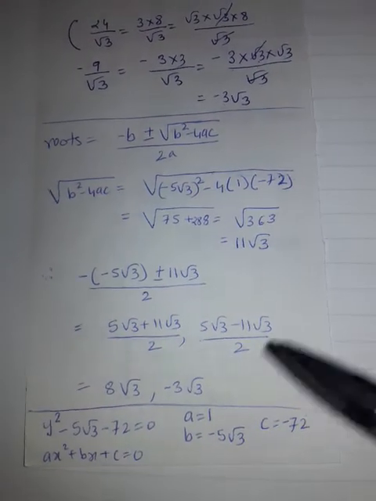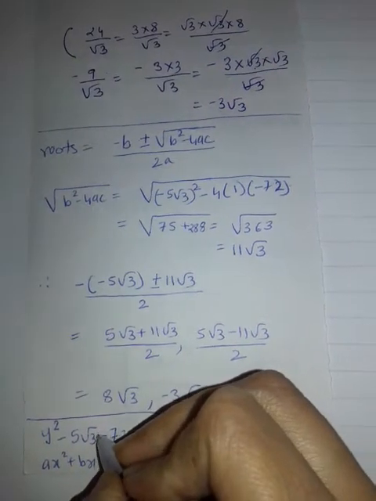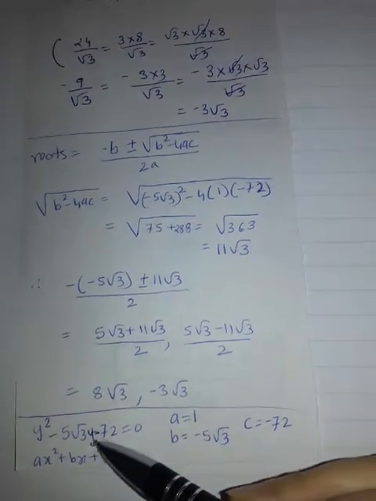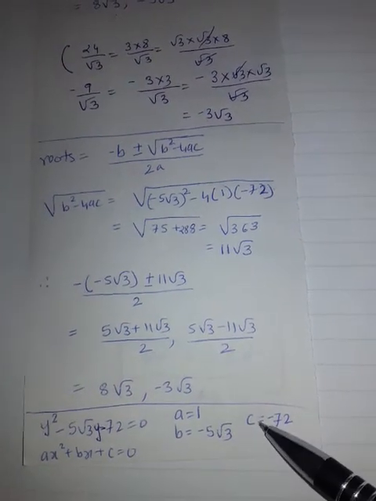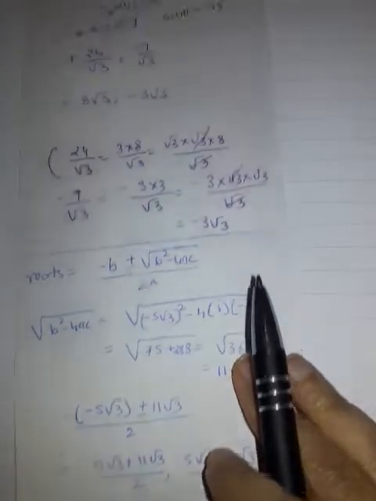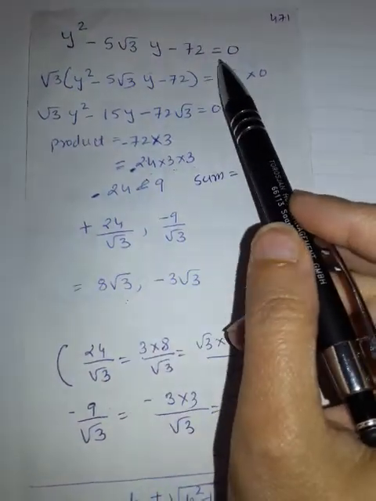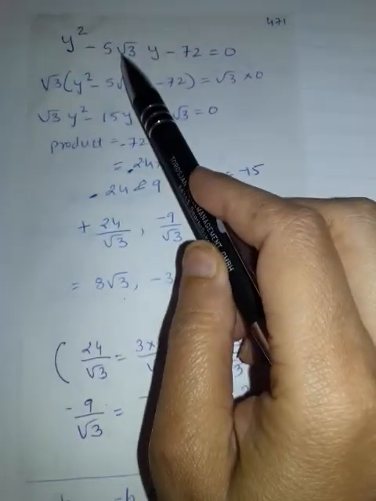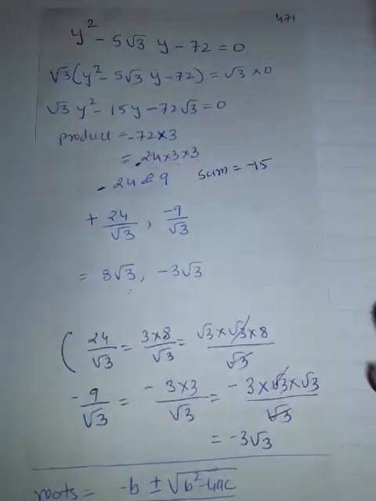B will be, oh this is y here, I'm sorry, the middle term is 5 root 3 y. So B will be minus 5 root 3 and C will be minus 72. This is the equation that we solved just now, same equation I'm taking. So here A is 1, B is minus 5 root 3 and C is minus 72.